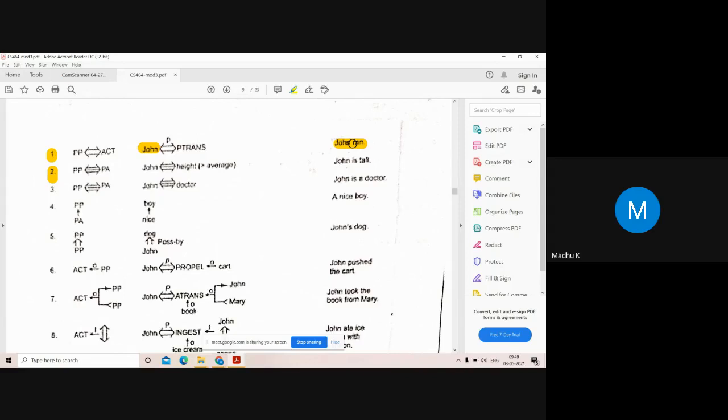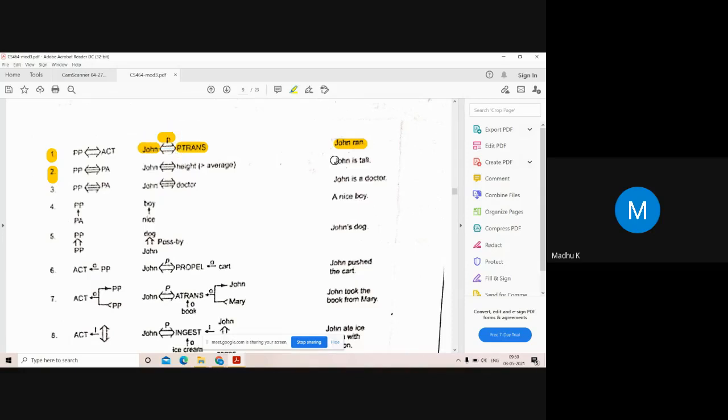The act is PTRANS, and it is a past tense sentence, so we represent it with P. This is the picture producer John, this is the action, and the past tense is marked on the bidirectional relation with P.